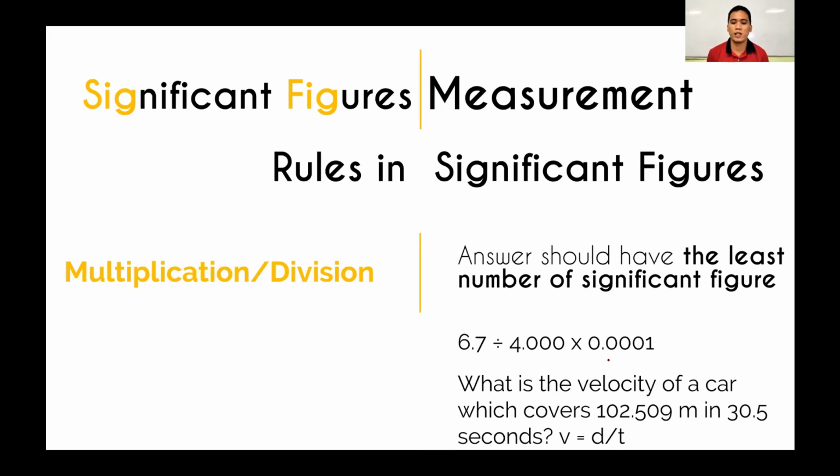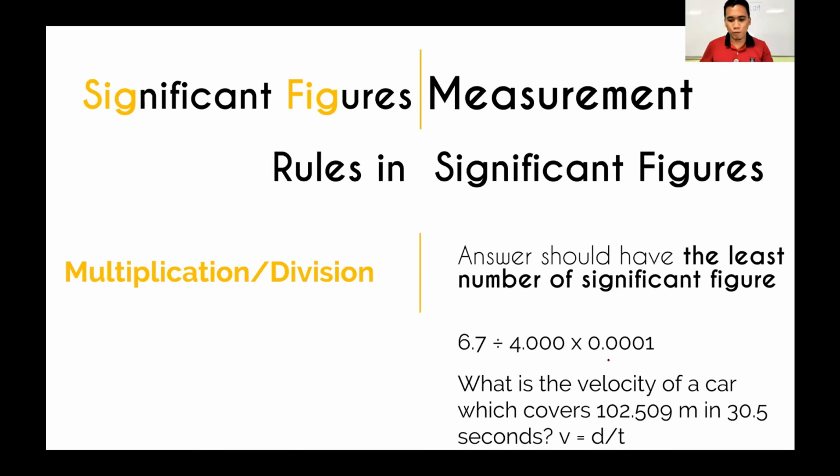If the velocity is equal to distance over time, we simply divide 102.509 by 30.5.